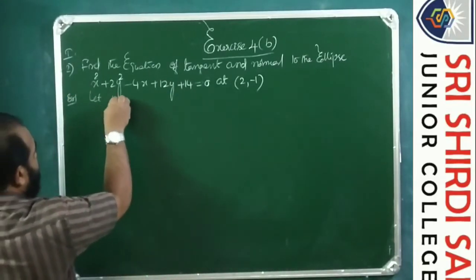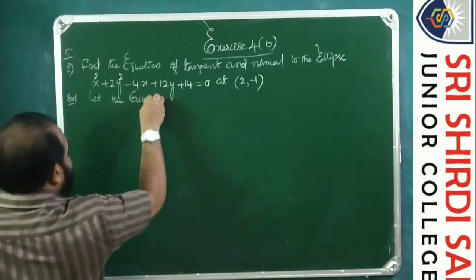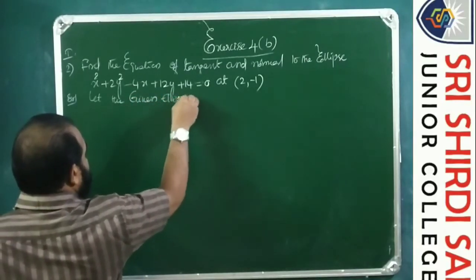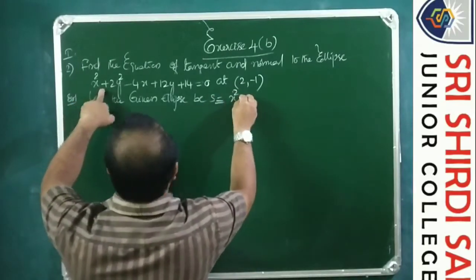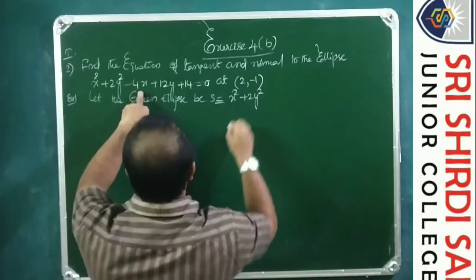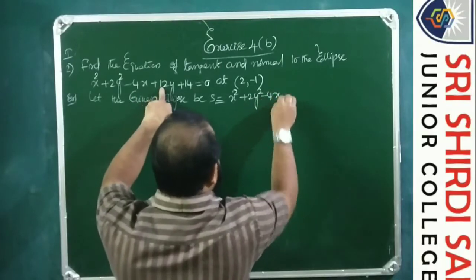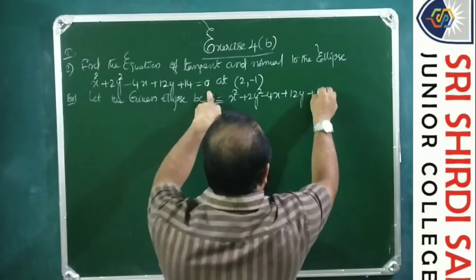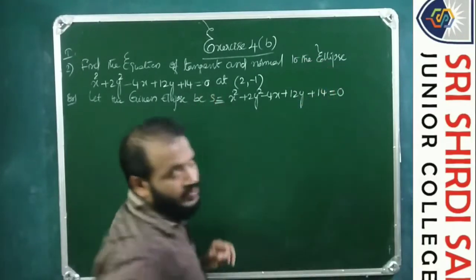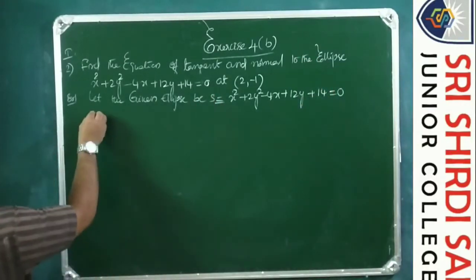Let the given ellipse be S: x square plus 2y square minus 4x plus 12y plus 14 equals 0.